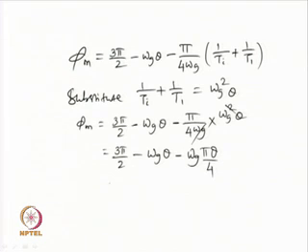So, further simplification is possible: 3 pi by 2 minus omega g theta times 1 plus pi by 4.